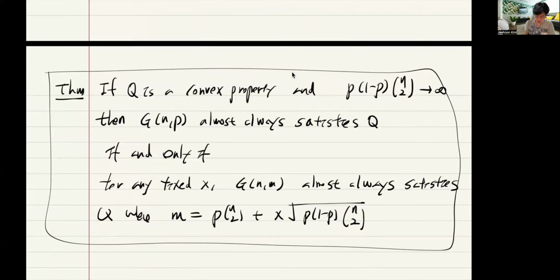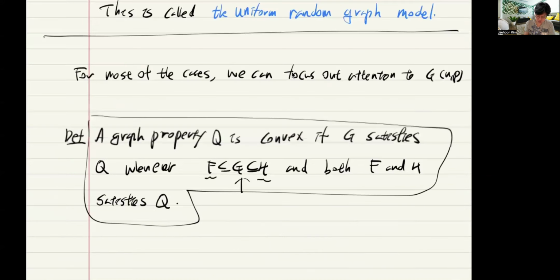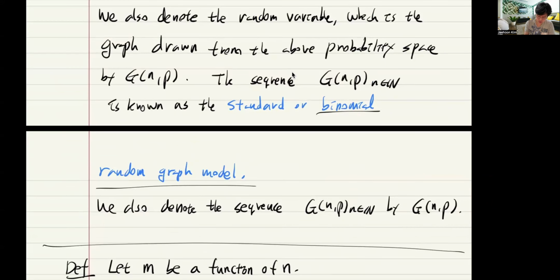And maybe I forgot to mention that we have defined this "almost always". This G(n,p) is a probability space, as is this random graph, and we want to study it by identifying which properties hold for them. But when we say a property holds for them, it's not just one graph, it's a probability distribution. So we say that it holds almost always.